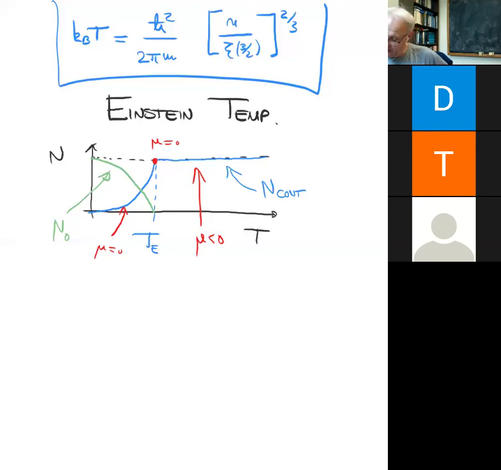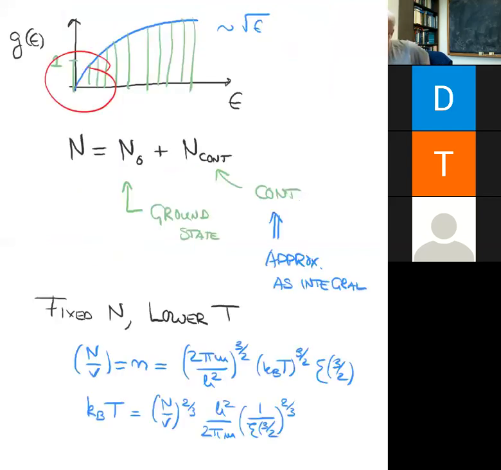And if you go back to that expression, I'll quickly show it to you wherever we had it. Here it is. So you see that the number density of particles goes as temperature to the 3/2 at zero chemical potential.